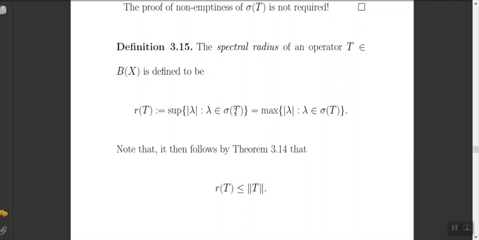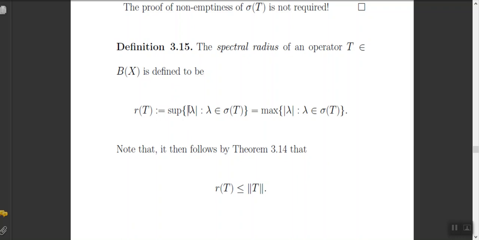Of course, because the spectrum is a compact set, right? Since the spectrum is compact, this supremum becomes a maximum. Look at here, the absolute value is a continuous function.